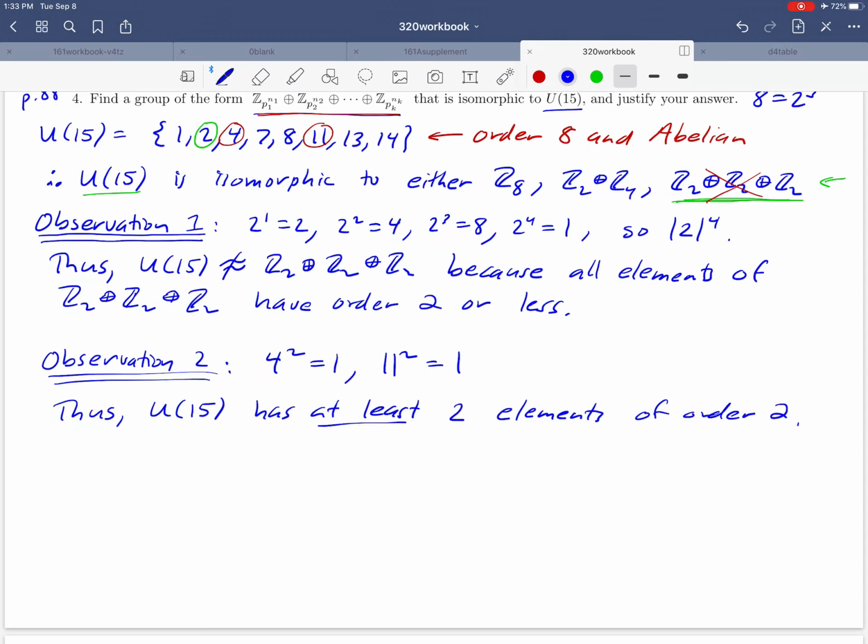But if you think back to some of the things that we know about cyclic groups, if you look at Z8, it has only one element of order 2. The only element of order 2 in Z8 is 4.